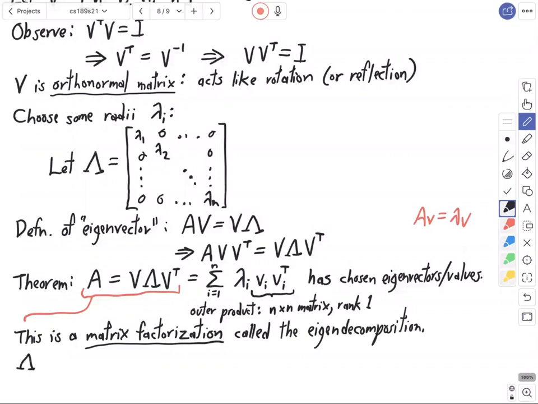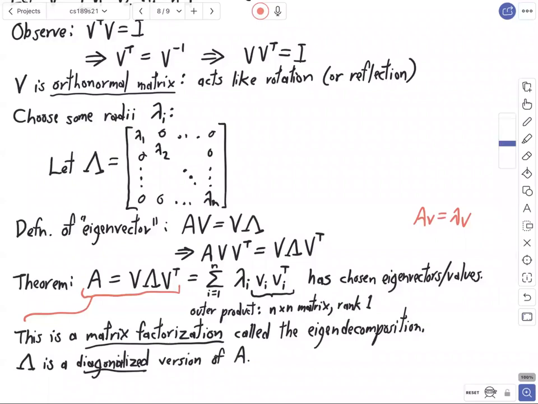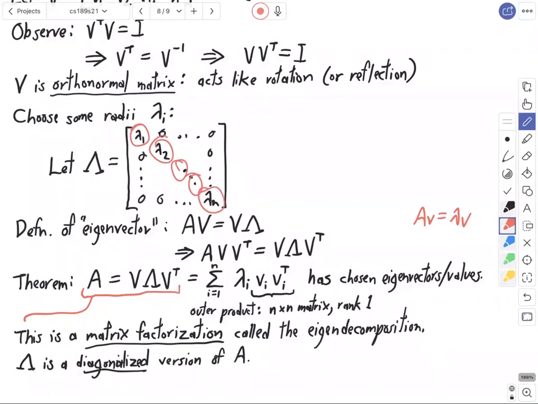Also, we think of capital lambda as being a diagonalized version of A. In a sense, it's doing the same stretching and shrinking that A does, but in a different coordinate system. Since lambda is diagonal, it exposes exactly how much it is shrinking or stretching each direction along its diagonal.